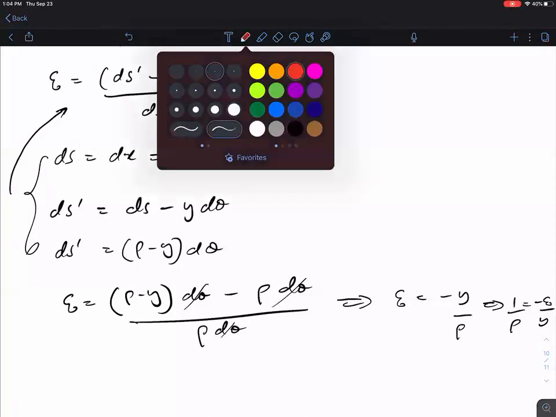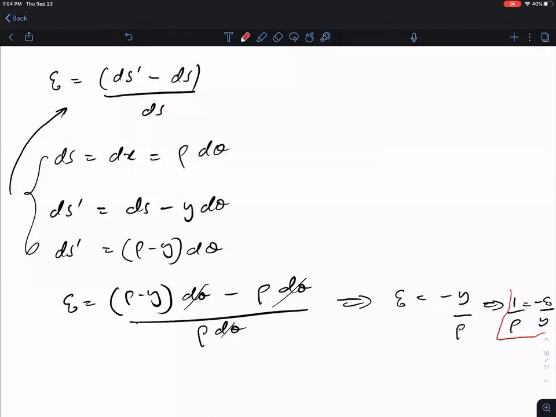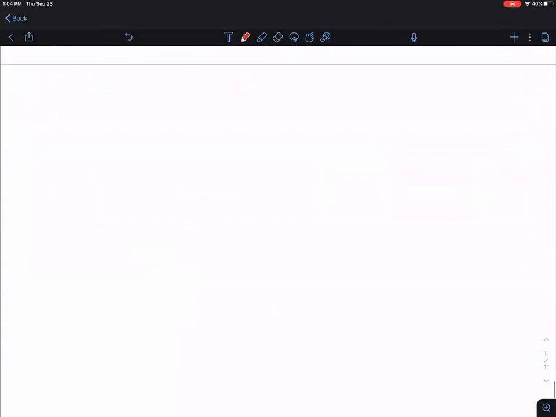Okay, so we have this expression that relates the radius of curvature to the strain in the segment ds and the distance of that segment to the neutral axis. Now we're going to introduce Hooke's law, and we're also going to introduce the relationship between the bending moment and the axial stress.